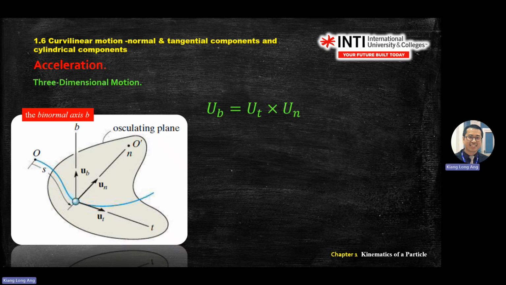You take UT curving into UN. When you curve, it becomes a cross product. You use right-hand rules for vectors. So the question might ask you what is the magnitude or what is the direction. They are always 90 degrees to each other. So if it asks you what is the magnitude of the third, z direction, you use your right-hand rules.